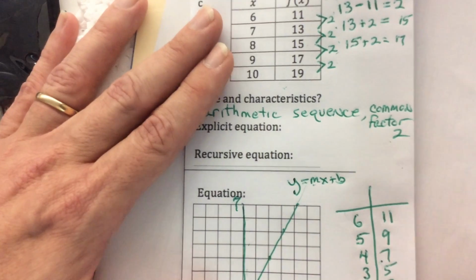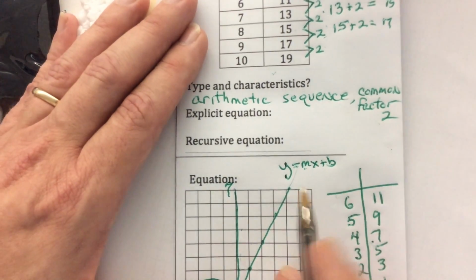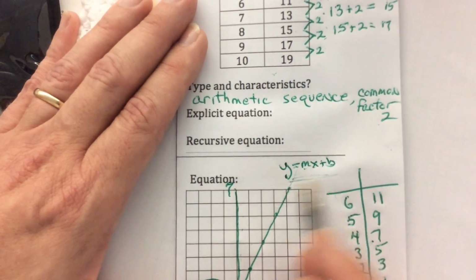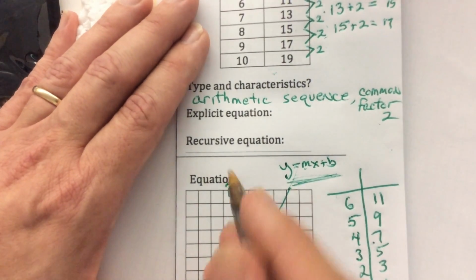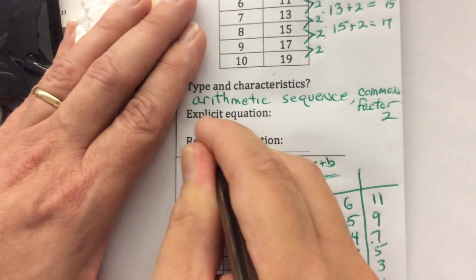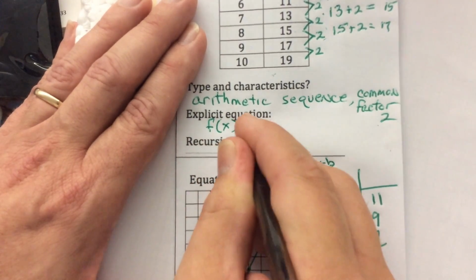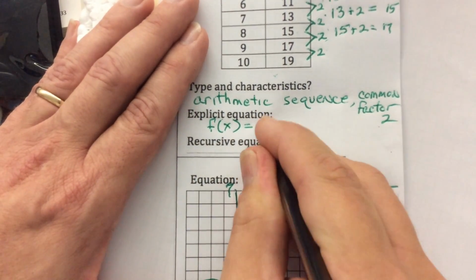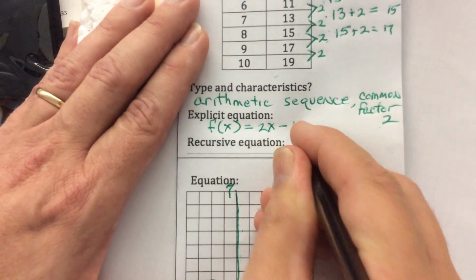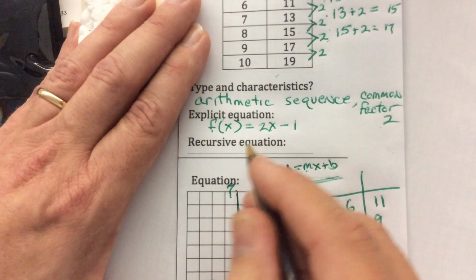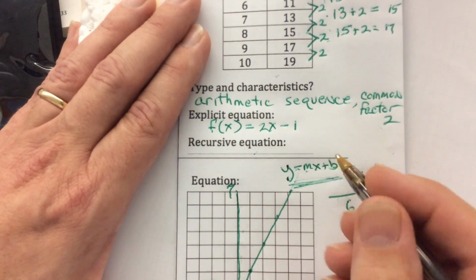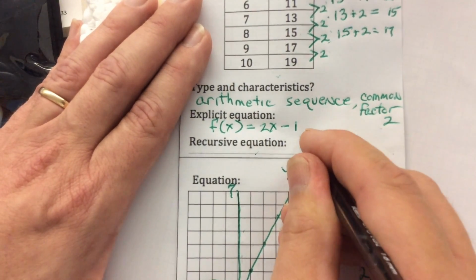So with an arithmetic sequence, a linear function, we actually have some additional background so that we can do this fairly quickly. And we know that the explicit equation for this is f of x is equal to 2 times x minus 1. The recursive means I know what the first one was.